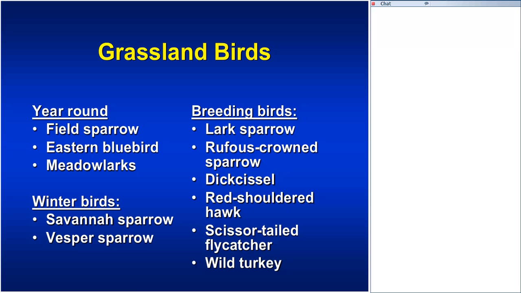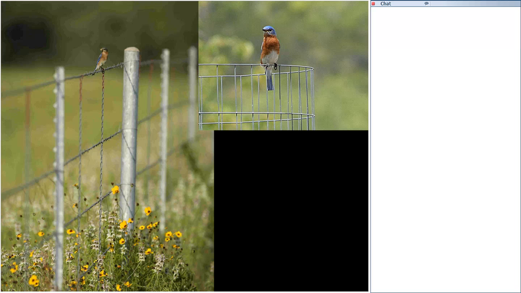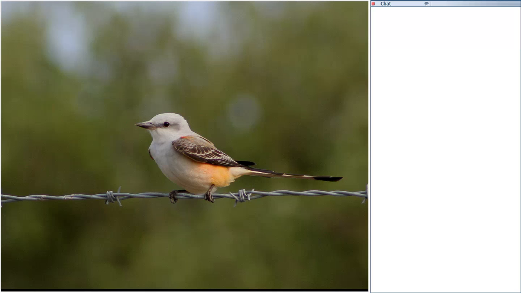Here's one that is very popular with a lot of people in the eastern half of the state, the eastern bluebird, and lots of people manage for eastern bluebirds, and we'll talk a little bit more about that as we move forward. Or scissortails, a very beautiful flycatcher, and I think a bird that a lot of people would really enjoy having.